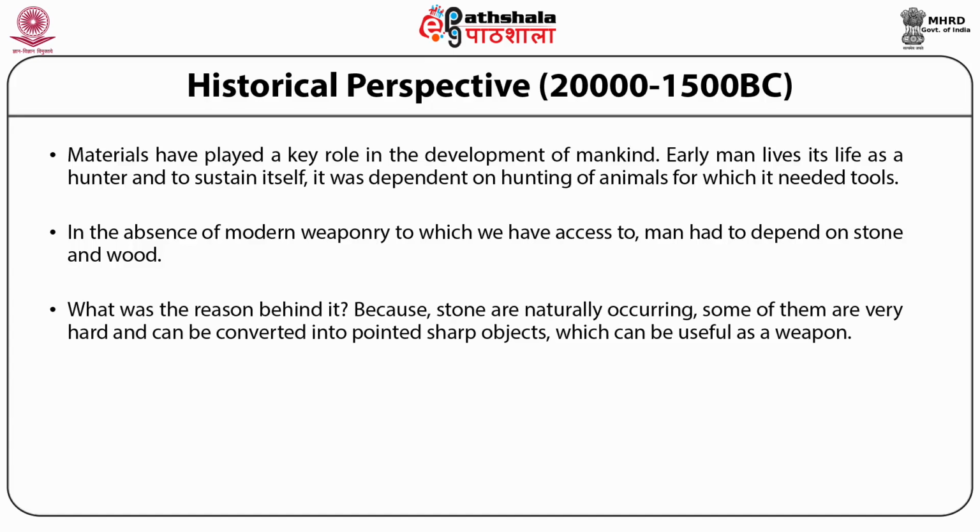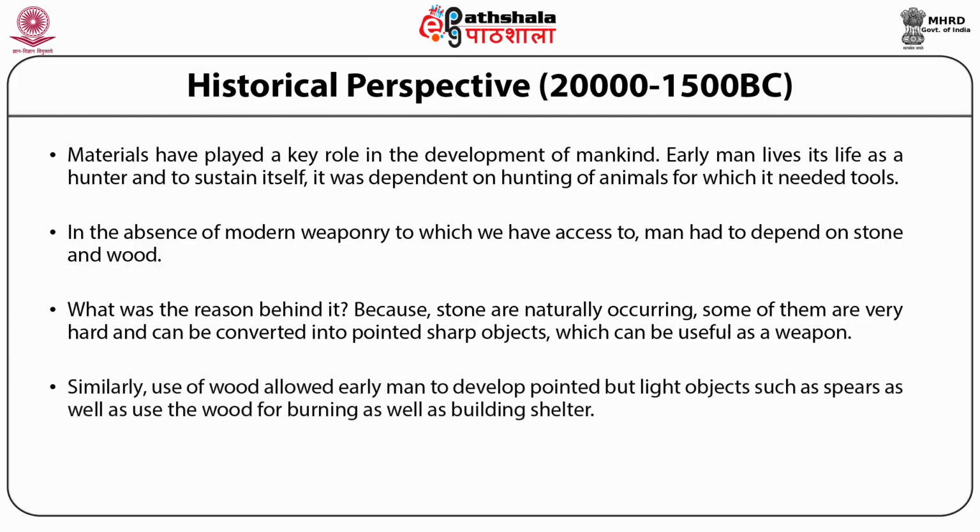Because stones are naturally occurring, some of them are very hard and can be converted into pointed, sharp objects, which can be useful as a weapon. Similarly, the use of wood allowed early man to develop pointed but light objects such as spears, as well as use the wood for burning as well as building shelter.